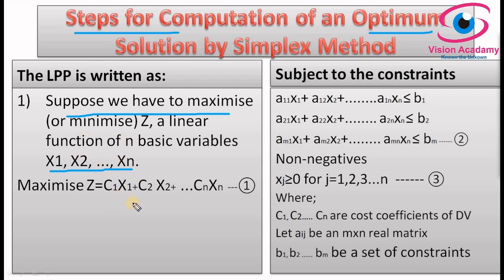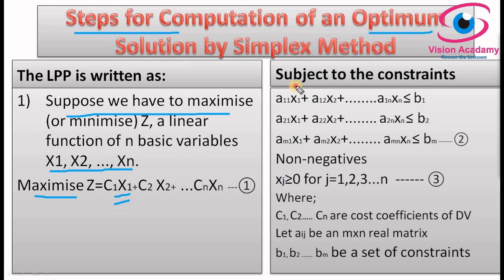If you want to express the variables in the objective function, Z maximization equals c1 x1. Here c1 is the cost coefficient of the decision variable, meaning the cost associated with the decision variable x1, and it goes on like that: c2 x2 plus up to cn xn. This is the first equation we have to follow.